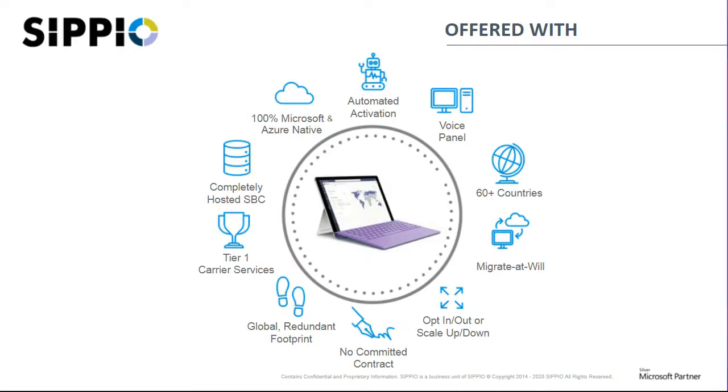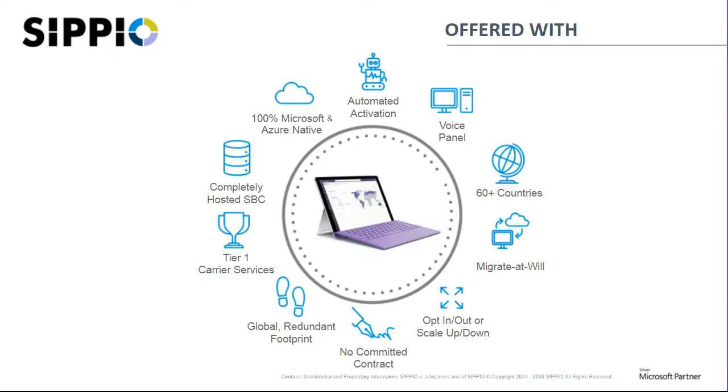Now this allows them to drive additional return on investment from their Microsoft investment, to offer their clients the ability for a single pane of glass to operate for their collaboration, their workflows and their calling. And most importantly, as we've seen in the last 12 months, enable customers and their users to have a work from anywhere methodology. Now the details behind the Scipio service are in the points on the screen.